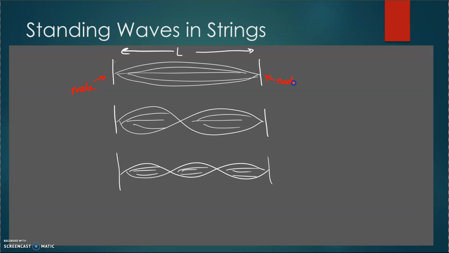Because this string can't move where it's attached, only wavelengths and frequencies that will allow a node to exist on the two ends will be able to fit in this length.